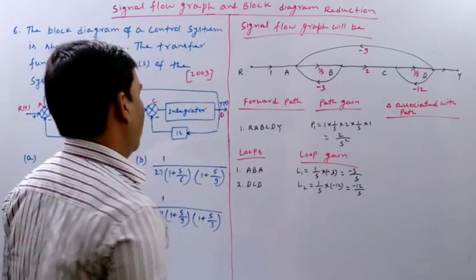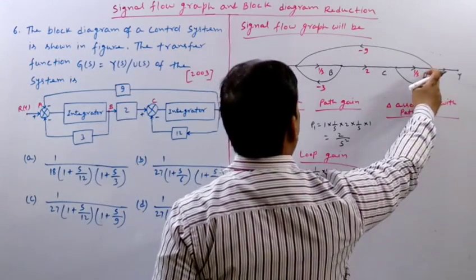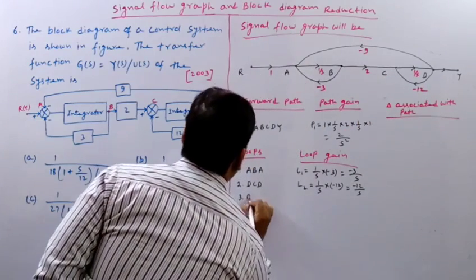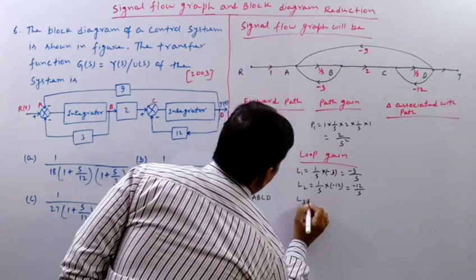Okay. So now the third loop is D A B C D. Let us denote its loop gain by L3.